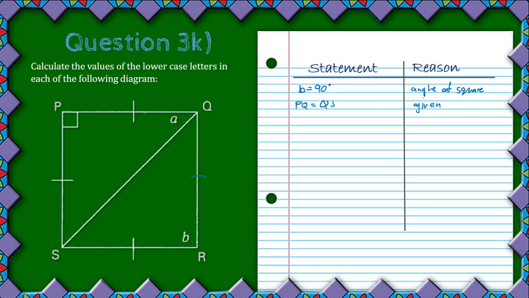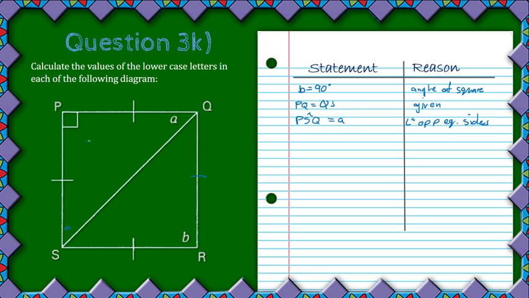We can see that this is an isosceles triangle. So that means that this will also be equal to A. So that means that I can say that PSQ is equal to A. Angles opposite equal sides.